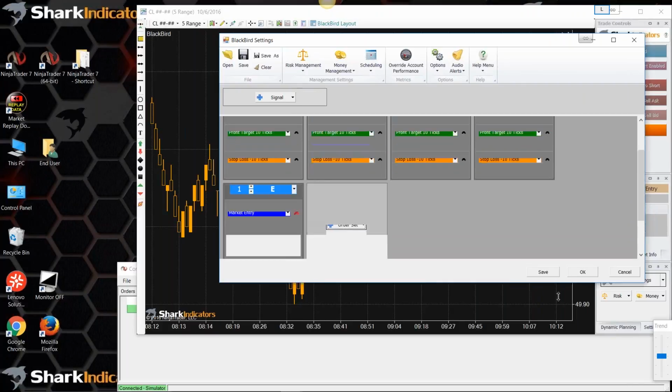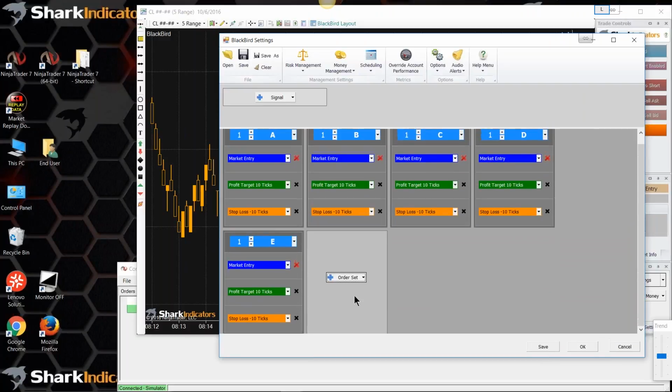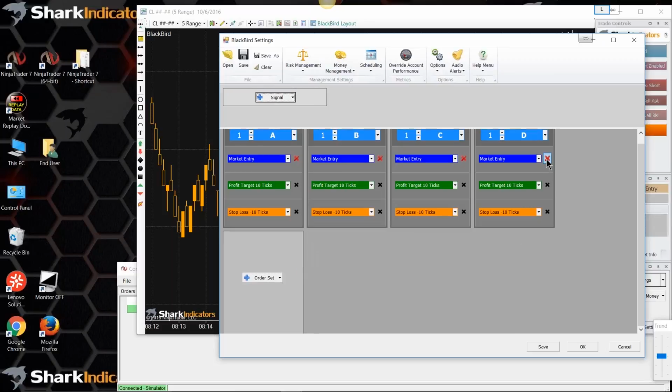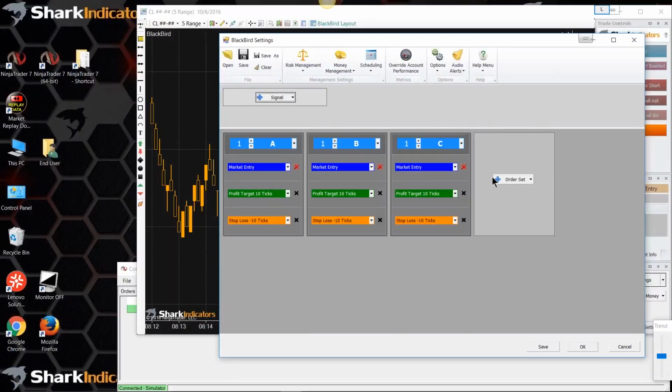You can just keep on going. I think we did build in some kind of limitation, probably something like 10. Can't imagine anybody needing more than 10 order sets. That's far beyond what the average trader would ever need.